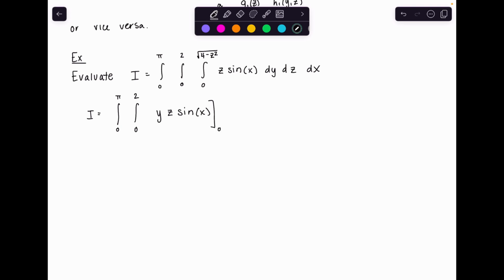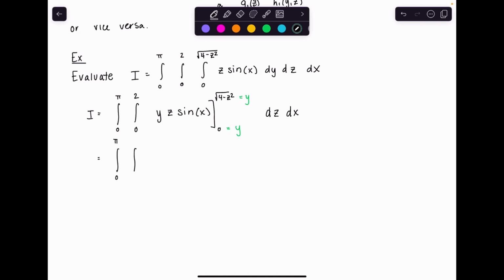And then this gets evaluated from 0 to the square root of 4 minus z squared. And again, I'm going to indicate this was y that we integrated with respect to, so we're going to plug this in for y. And then our order has not changed at all.